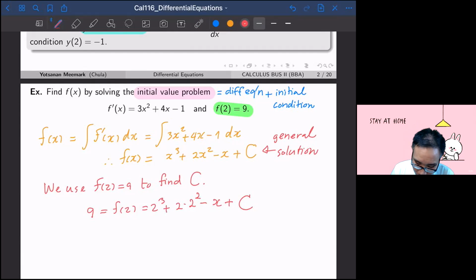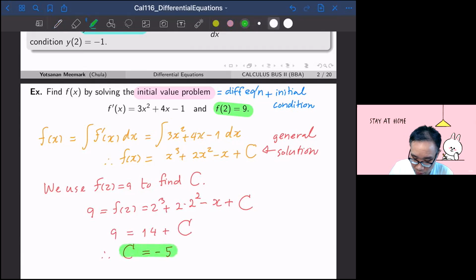So this one will be 9 equal to 16 minus 2, so it's going to be 14 plus c. So this allowed me to get c equal to -5.